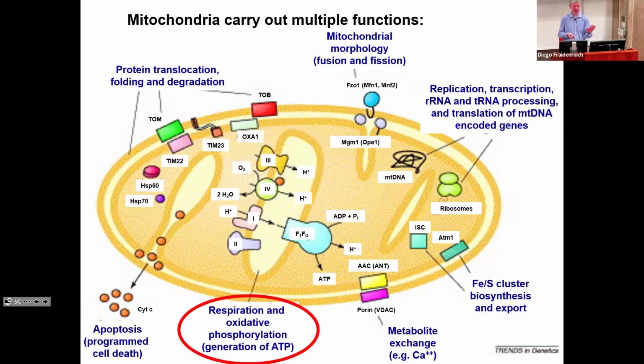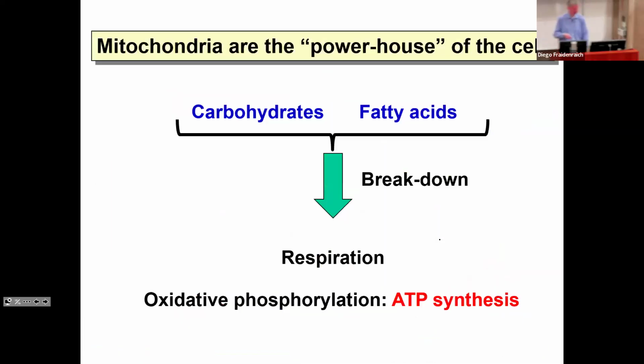So, respiration and oxidative phosphorylation, that's where we get cellular energy, ATP. Again, mitochondria provide the energy, so they are the powerhouse of the cell. Usually in our food, we have, for example, carbohydrates and fatty acids.